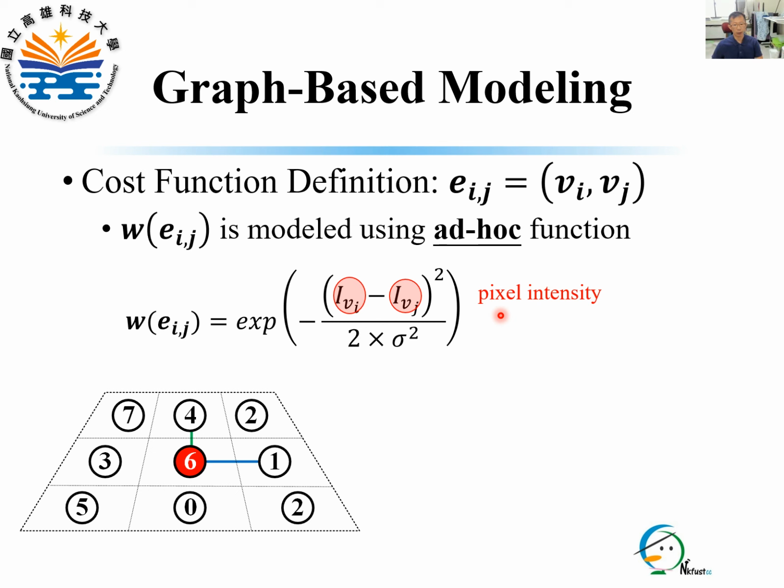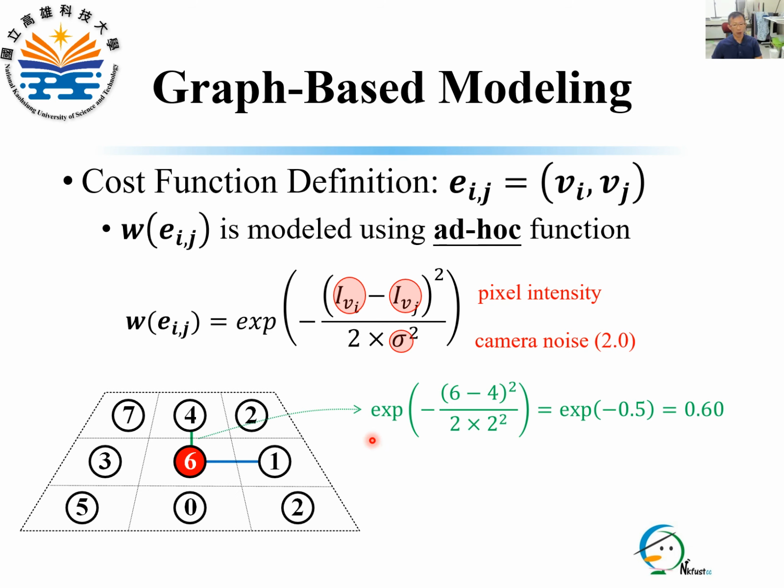Here, the two terms represent the pixel intensities of the vertices Vi and Vj, and sigma represents the camera noise, which is set as 2.0 in our example. The cost assigned to the green edge is calculated using this equation, and equals 0.6. Similarly, the cost of the blue edge is 0.04.